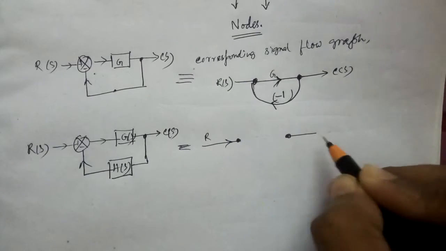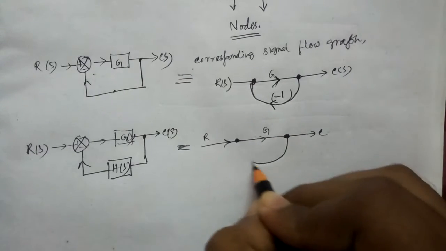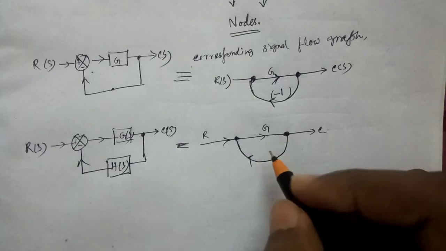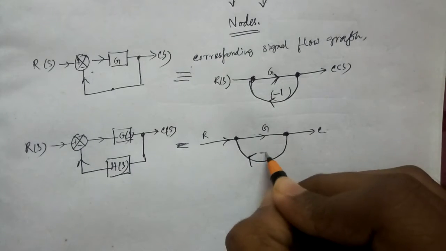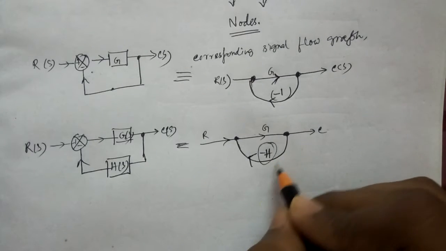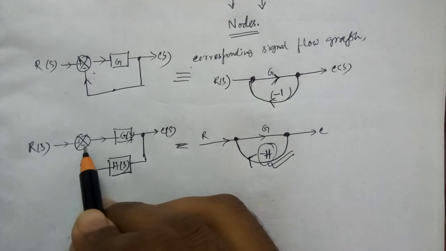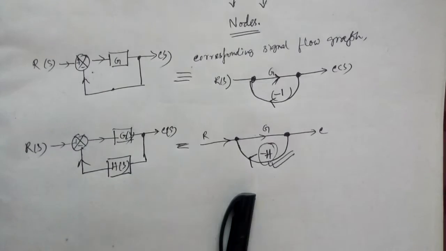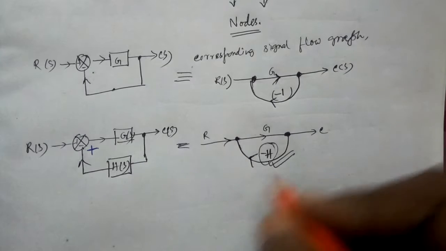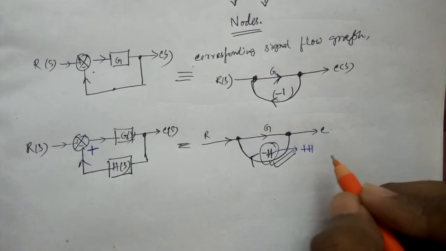Here will be two nodes as before, here will be the gain G, forward path gain, and for negative feedback and the feedback gain H, here will be feedback gain -H, and it will represent like this. You have to remember this. If there is positive feedback, means here it is positive, then this will become plus H or only H.